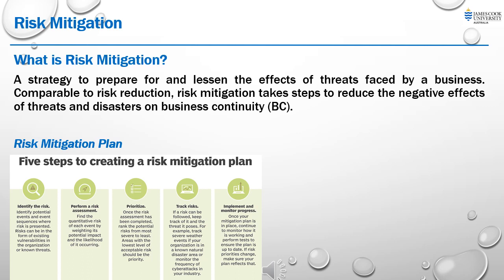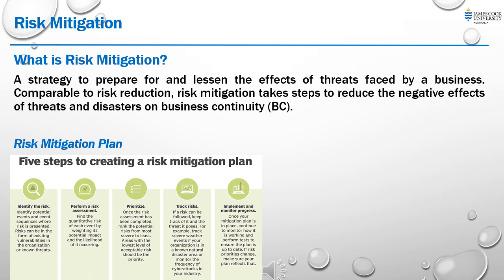Effective risk mitigation can help prevent financial losses, legal liabilities, and damage to reputation, and ensure the continuity of operation. It is an essential part of risk management and is often carried out in conjunction with risk identification, risk assessment, and risk monitoring to ensure the risk is managed effectively over time.